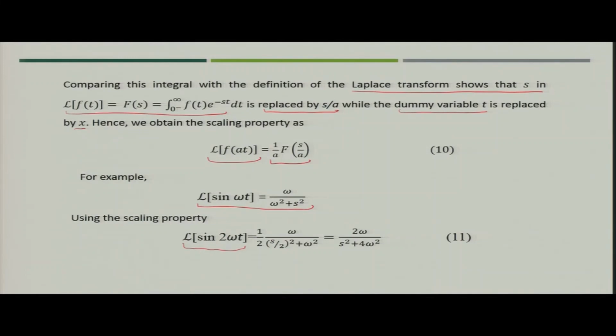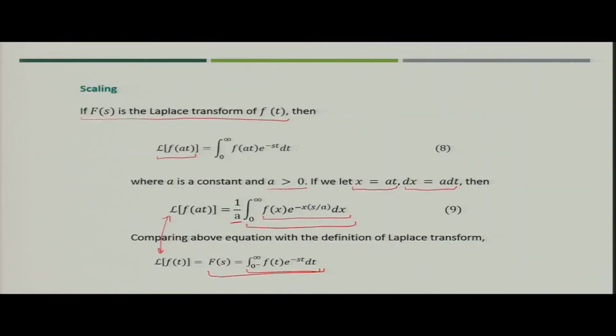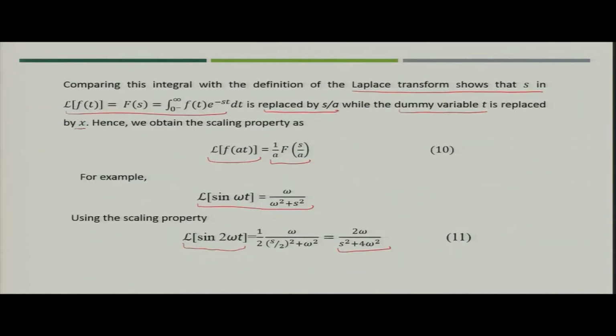So, (s by 2) square plus omega square. So, when you simplify, you will get that Laplace of sin of 2 omega t is nothing but 2 omega upon s square plus 4 omega square. So, this is what we call scaling.